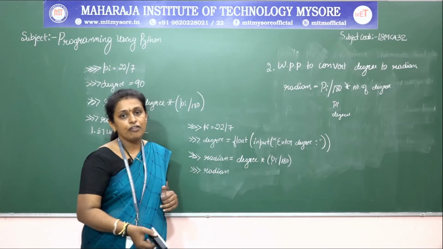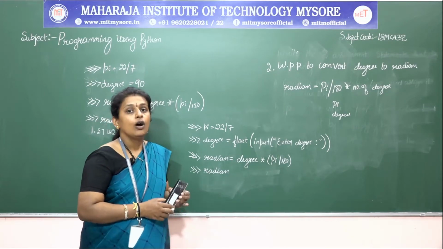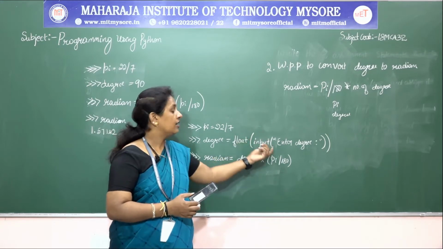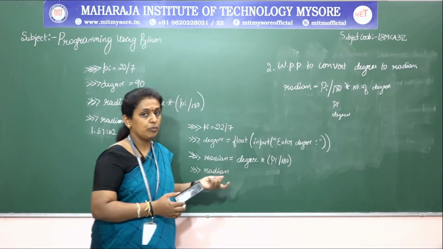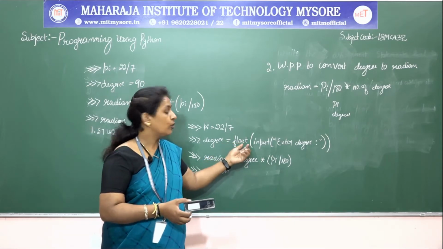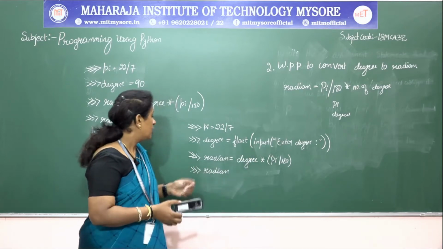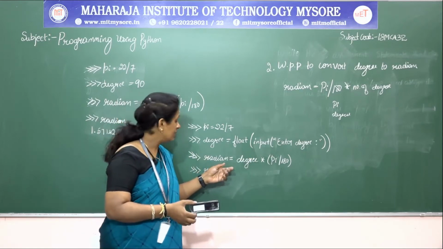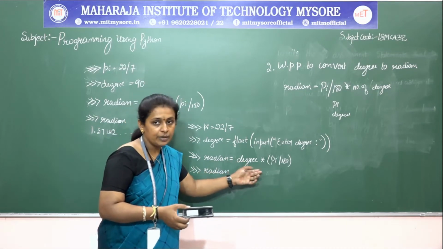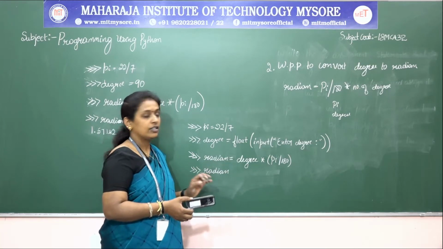We cannot perform arithmetic operations on strings, so I am converting the string form to a floating point representation using the float built-in function. After that I am calculating the radian value with respect to the given degree, and then displaying the content.